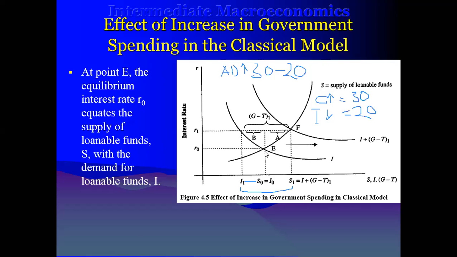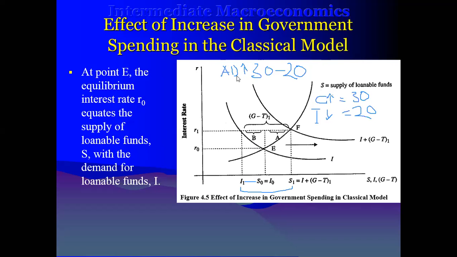Now there's a reduction in investment, because of an increase in interest rate resulting from an increase in government expenditure. Assuming that government expenditure increased by 30, aggregate demand will go up by 30 units, since G is a component of AD.